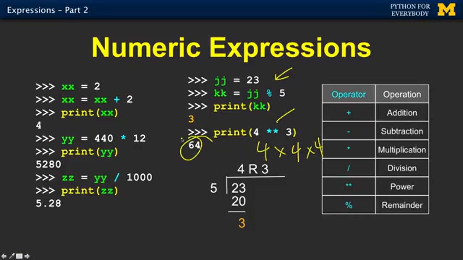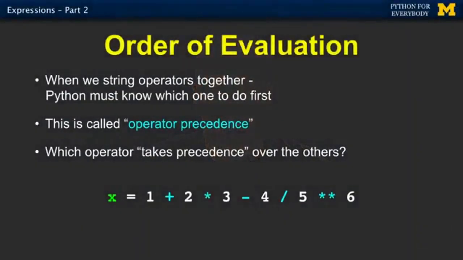So those are the numeric expressions. Now, these also have an order of evaluation, and the way it works is in mathematics, there's order of evaluation. There are some operators that are more powerful than other operators. And you can always, if you're clever, just put parentheses in. And most programmers always put parentheses in. So if I was writing this line of code and I wanted it to be friendly to you so that you could read it more easily, I would simply put the parentheses in for you.